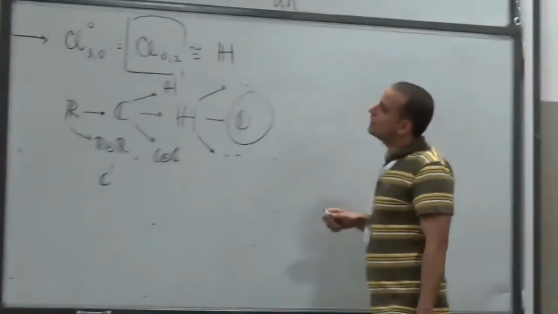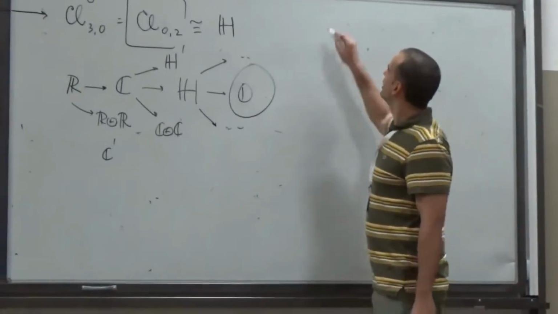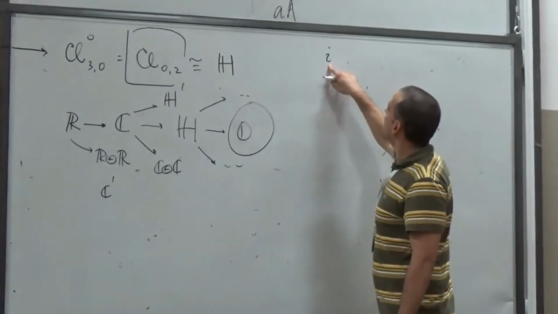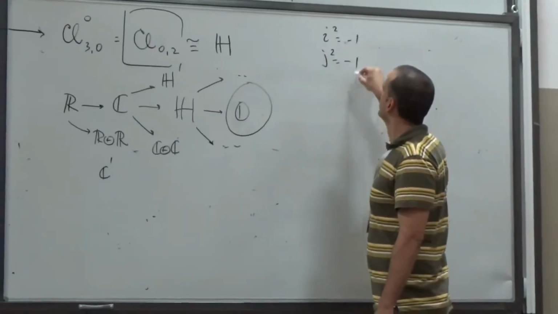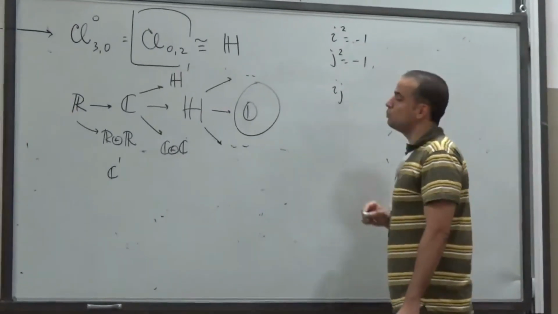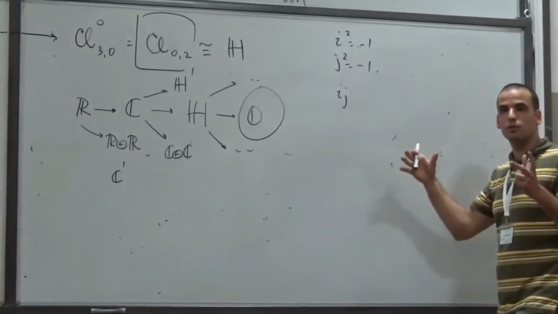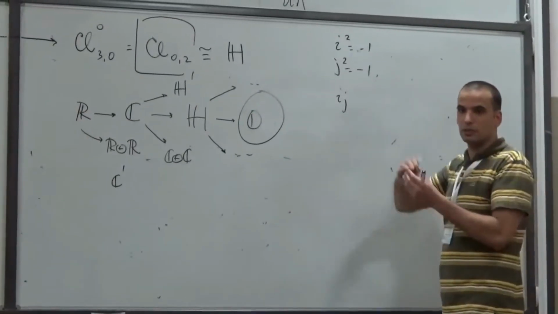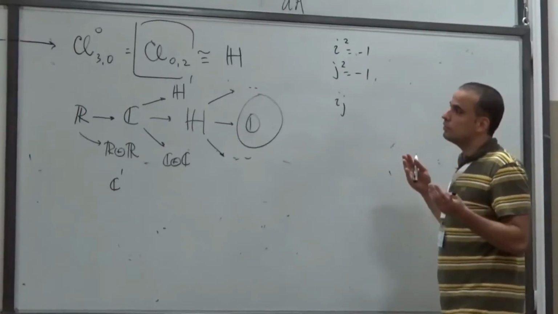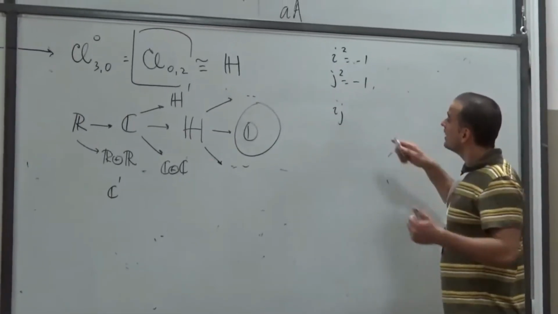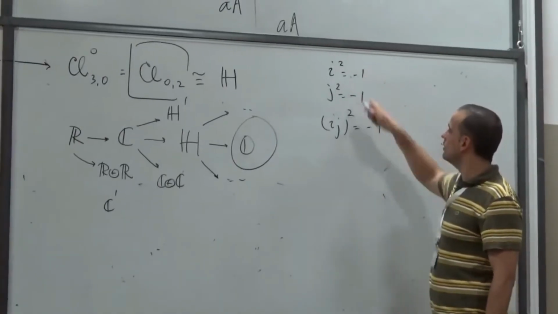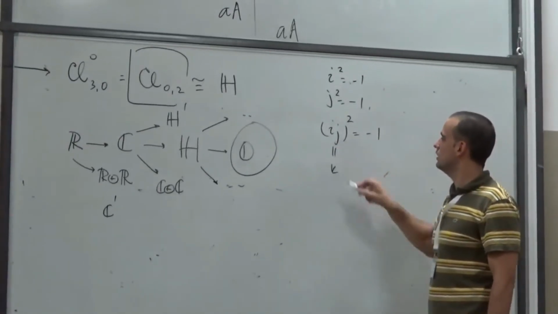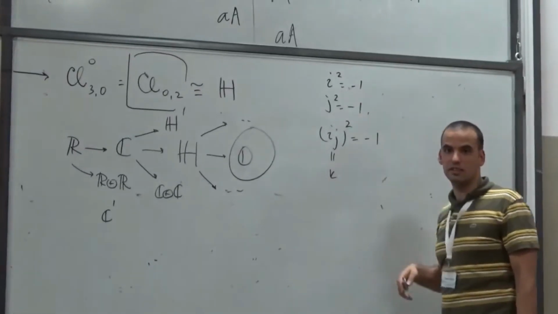If you start from here, you have two vectors, I which squares to -1, and J which squares to -1, and this is a pseudo-scalar. This is the volume form, a two-vector because you have two-dimensional space. And it's not difficult to see that it also squares to -1. We call this K, because it's just the next best example.